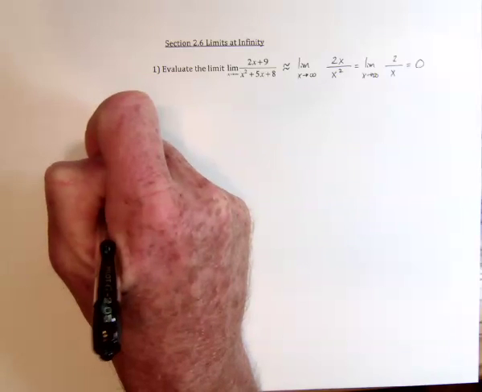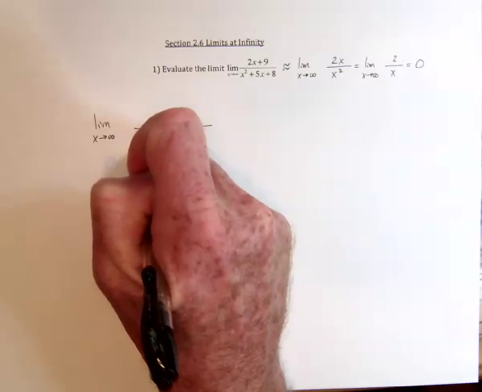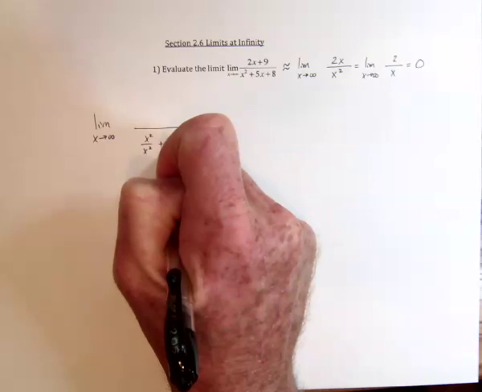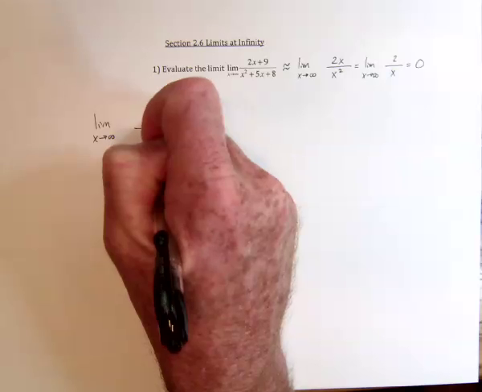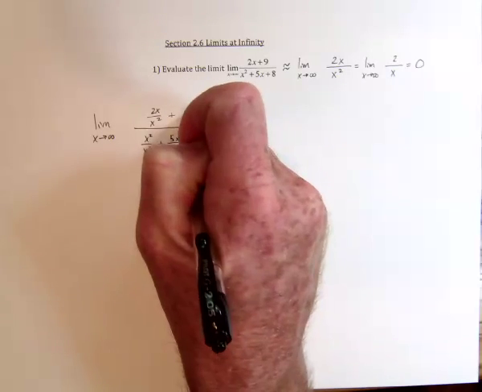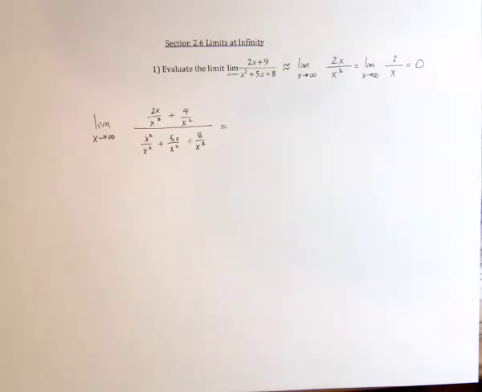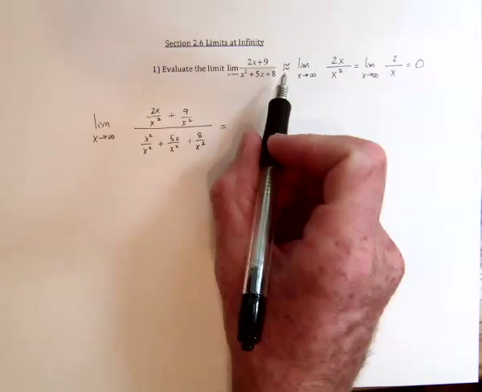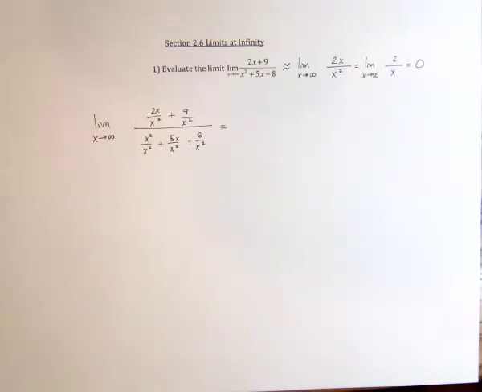So you'd have the limit as x approaches infinity, and so we'd have x squared gets divided by x squared, the 5x gets divided by x squared, and 8 gets divided by x squared, and 2x divided by x squared, and 9 divided by x squared. So for me, the disadvantage of doing this is you have to write all of this extra stuff. But you don't have to write the squiggly equals, because it's not an approximation, this is exact.